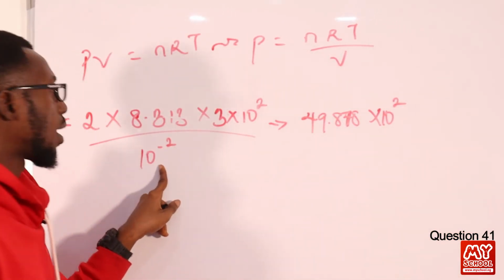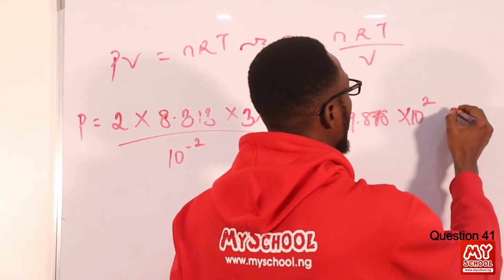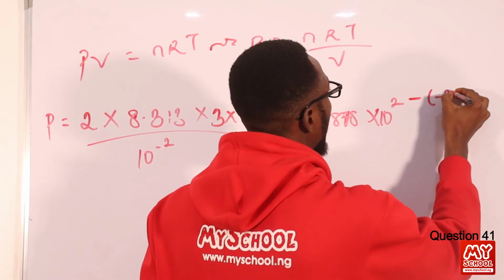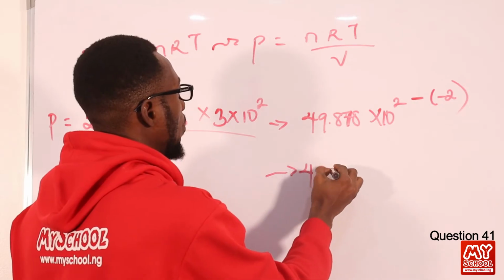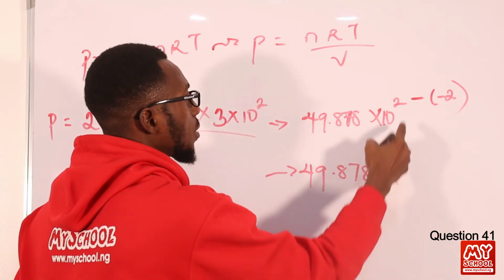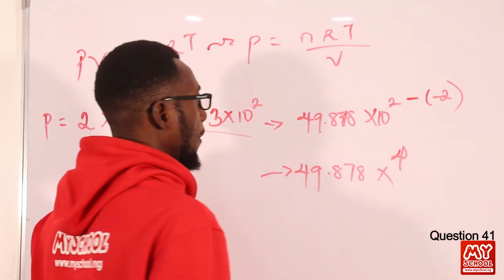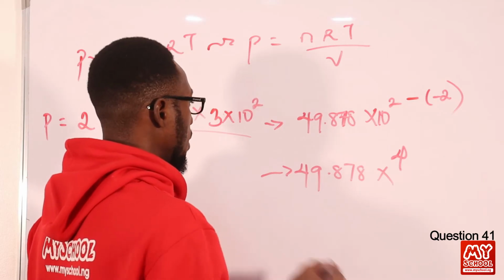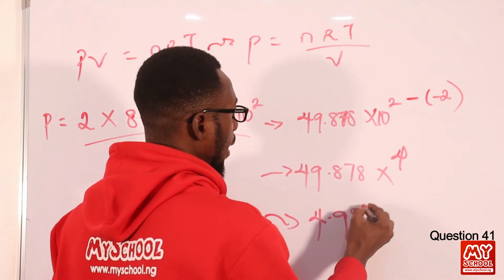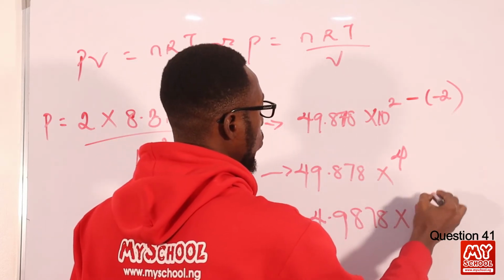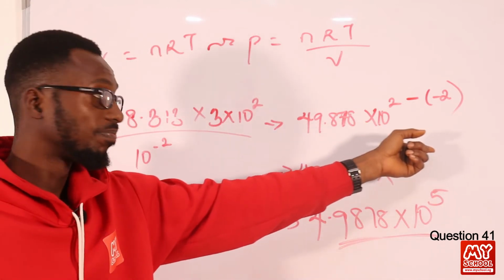Then we still have 10 raised to power minus 2 here, so we have 10 over 10 raised to minus 2, that will be minus, bracket, minus 2, that is plus. So 2 plus 2, that is 4. Basically, I can still work around this. If I want to shift my decimal point, I can say 4.9878 times 10 raised to power 5. You may not go through this long procedure.